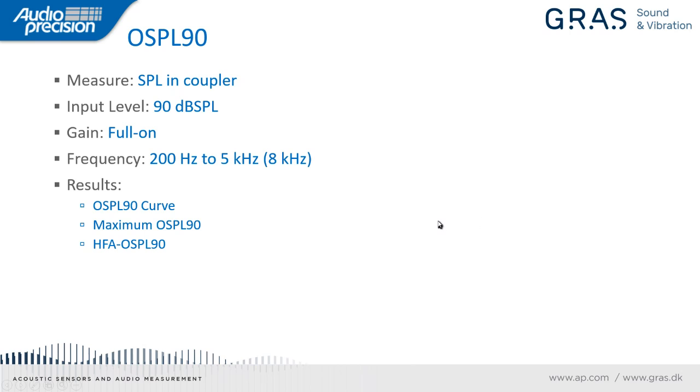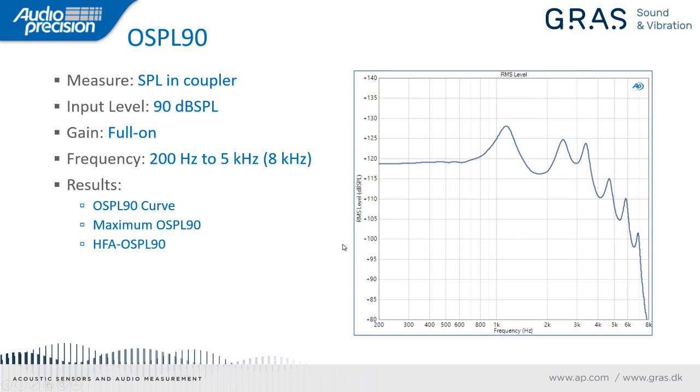The result would be the OSPL 90 curve, which may look like the one shown here on the right. One of the metrics we want to know from this is the maximum OSPL. So we simply pick off the maximum value of the level or the gain at any frequency. Another metric is called the HFA OSPL 90.